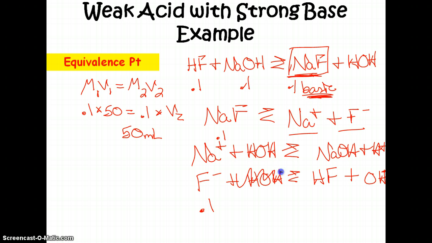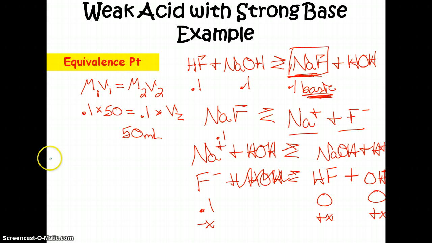And water doesn't matter in an ICE table because it's a liquid. And then we had 0, 0. Okay, now we know that we're going to lose here, gain here.